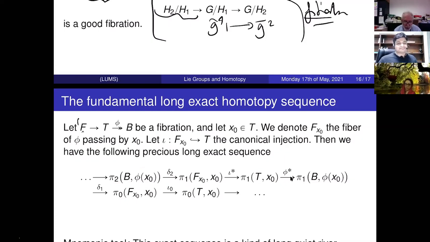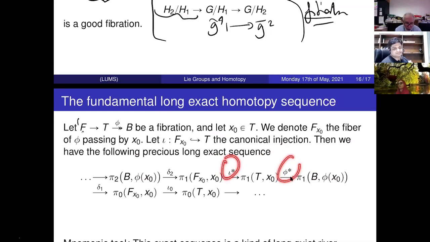Since F goes inside of T, and T goes to B, you have the usual functor given by pi1. So these maps are clear. They are homomorphisms of groups. I have already said that pi1 is a covariant functor from the category of pointed sets to the category of groups. So these are quite good.